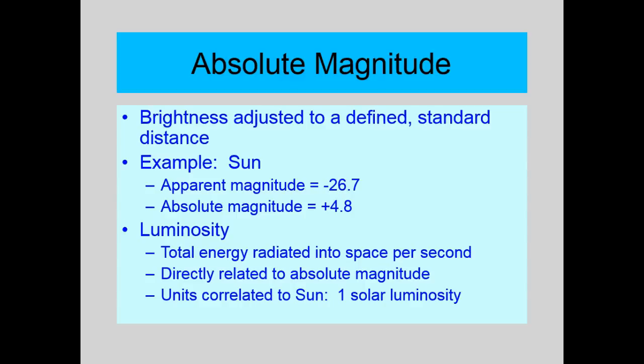Now here's example 14.3. Star A and star B are the same distance from Earth. Star A has a magnitude of -1 and is 100 times brighter than star B. What is the absolute magnitude of star B? Okay. Well, remember they said there's 5 even divisions between these for 100 times the brightness.